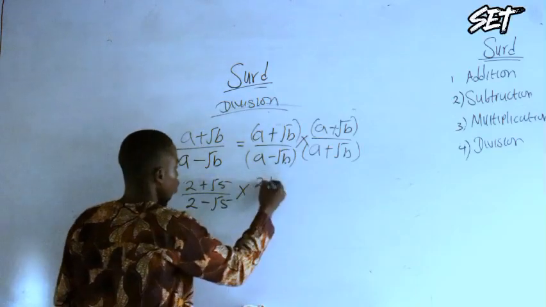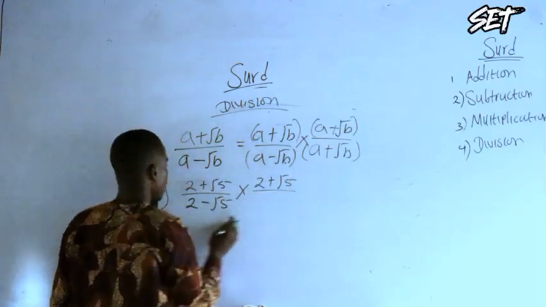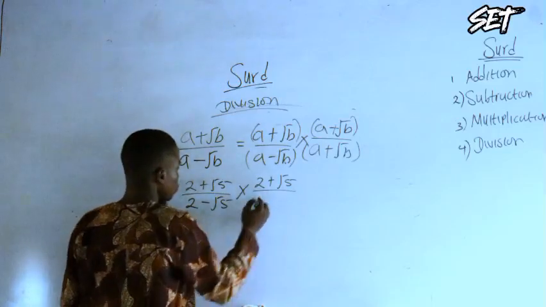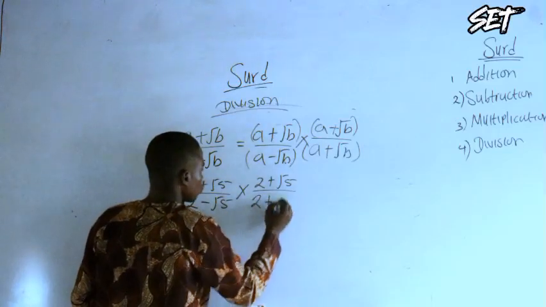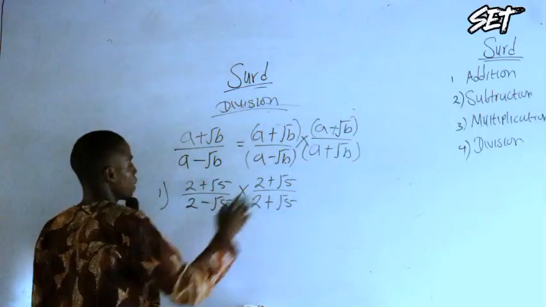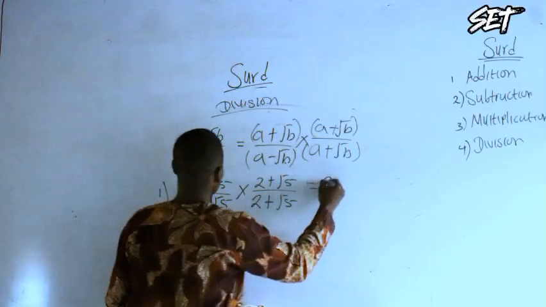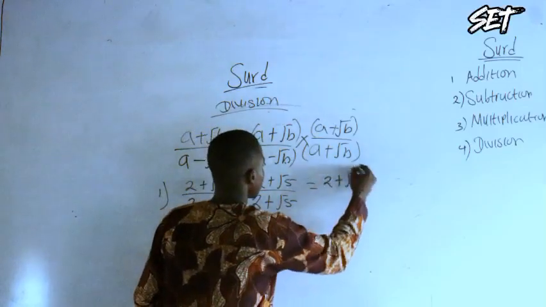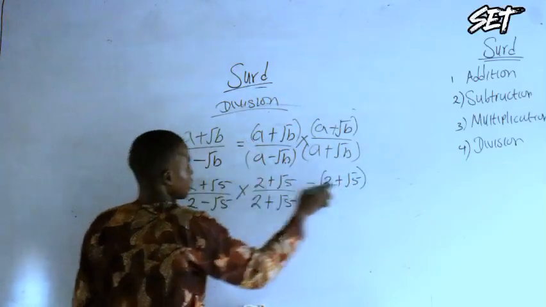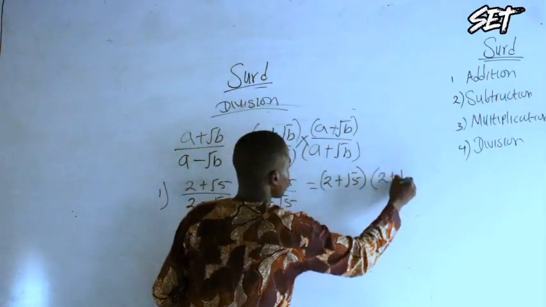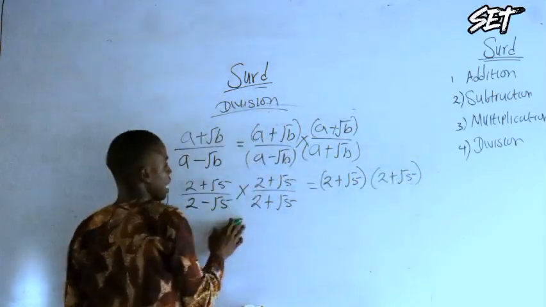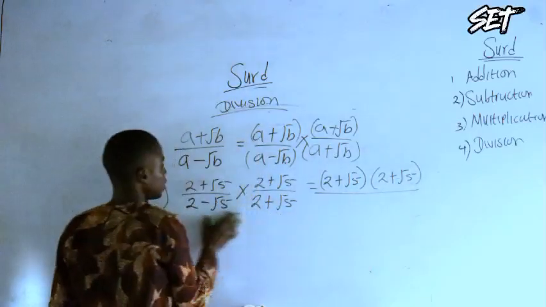This one will turn to plus root 5 all over this one will be 2 plus the same thing, root 5. You now multiply. Now, how can we multiply? You now do 2 plus root 5, which is this one, and bracket 2 plus root 5. And all over, this one is multiplication.